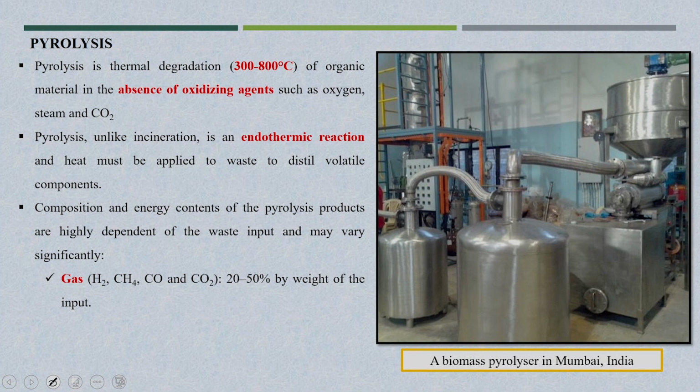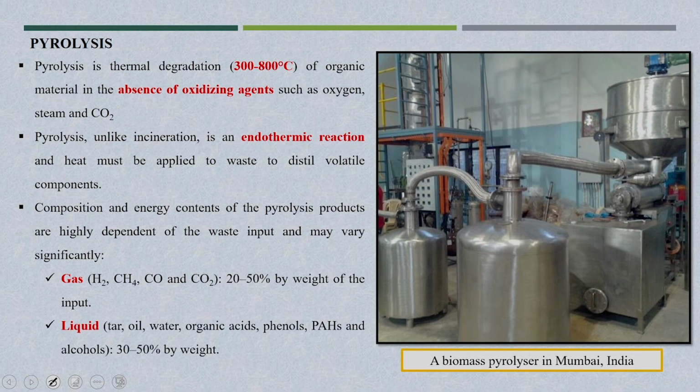There will be 3 major products from the pyrolysis process. First is gas, which will mainly be hydrogen, methane, carbon monoxide and carbon dioxide, and that will be 20 to 50% of the weight of the input. Then liquid, which is tar, oil and water, where the major composition is tar. In the gas the major composition is hydrogen, and in the solid the major composition is char.